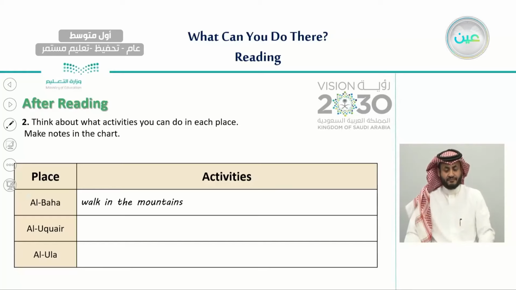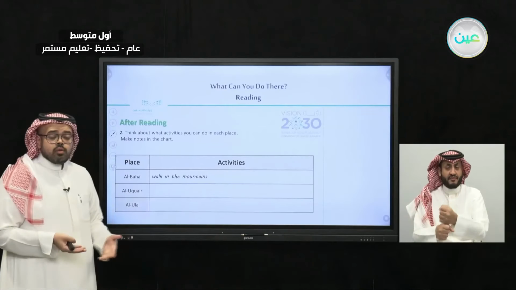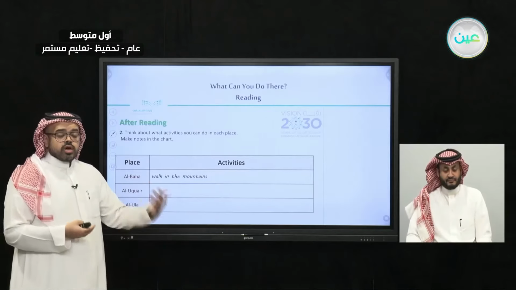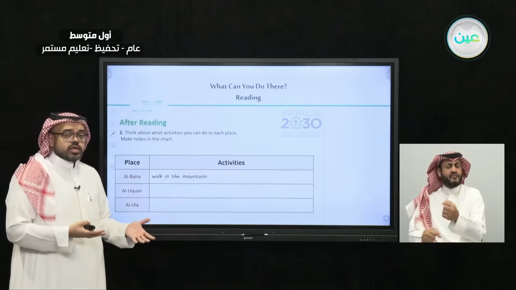For example, the first tourism we talked about is the environmental tourism in Al-Baha city. And the activity we said we can do there is walk in the mountains. This is one of the activities. Now, let's talk about the other two types of tourism, or the other two places, and write down what kind of activities we can do there.